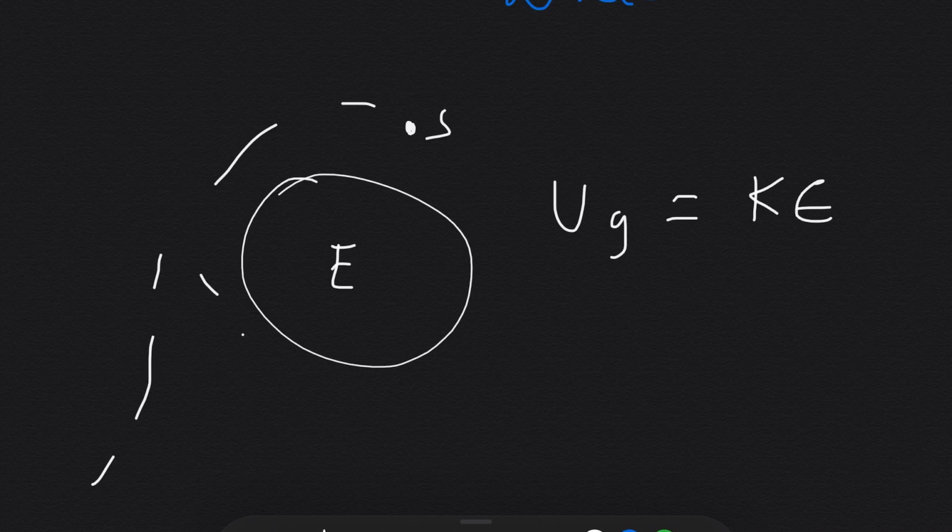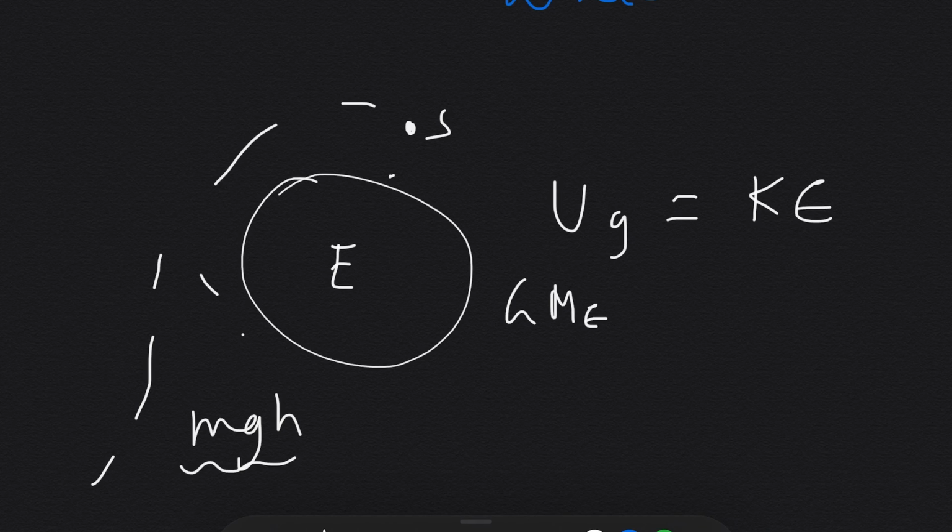Now, you might be tempted to write UG as mgh, but don't do that. It's because this object is now further away from the Earth. You can only use mgh when the object is very close to the Earth, because this is an approximation of the general law, and I can't use this approximation anymore, so I'm going to use the general law.